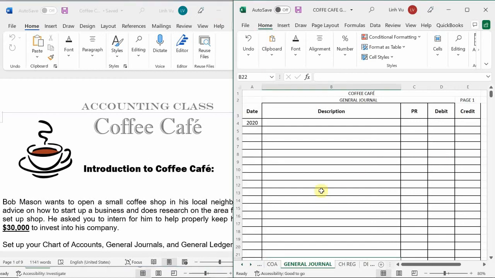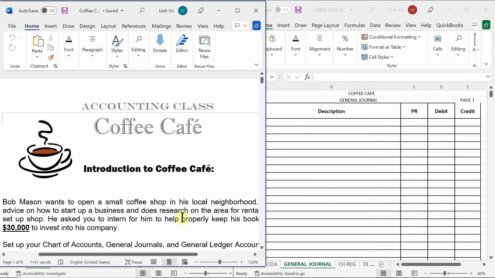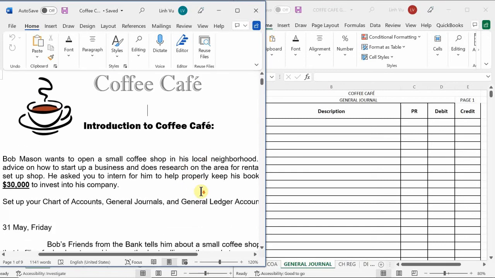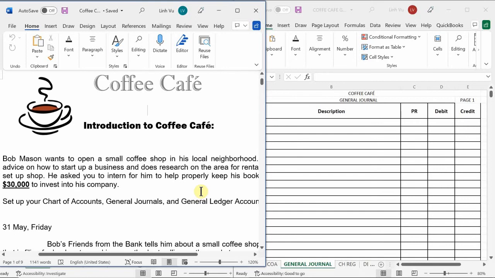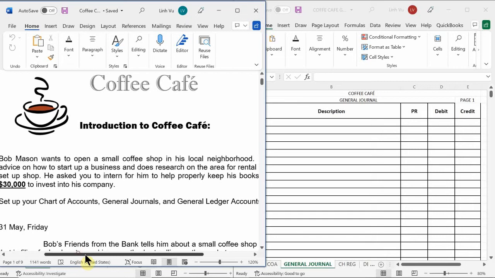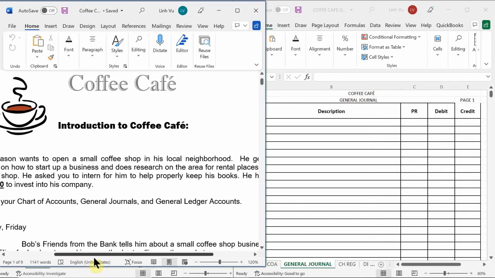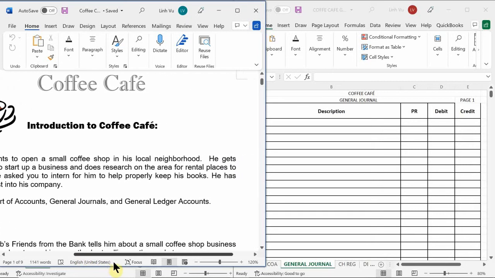So let's go ahead and get started with our little coffee cafe shop here. Here is something you need to know about Coffee Cafe: Bob Mason is the owner, and he wants to open a small coffee shop in his local neighborhood. He wants to bring the community together by selling coffee.